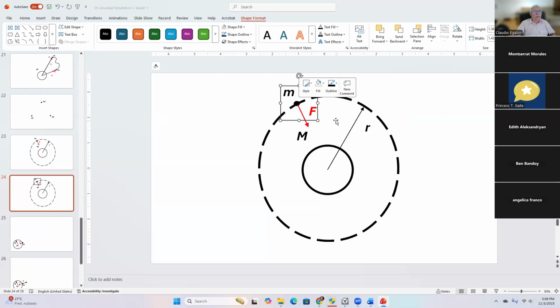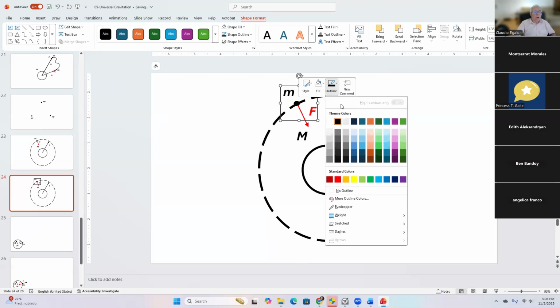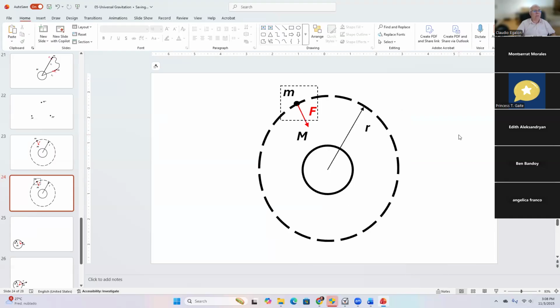It is as though the satellite is the only thing in the universe. And then you look for all the forces being applied to the satellite. Here is the free body diagram.